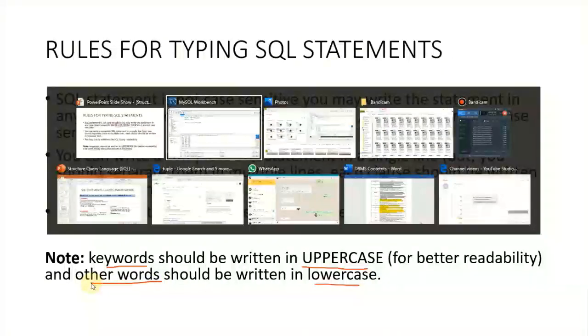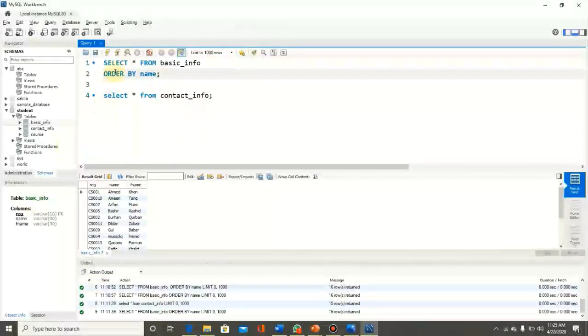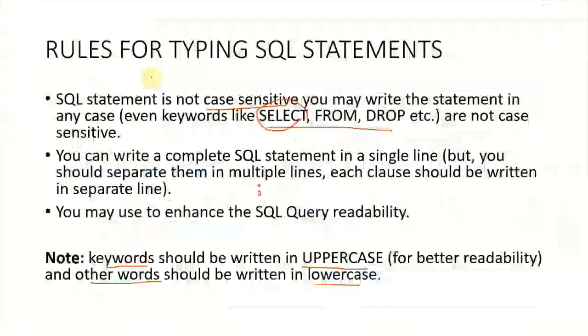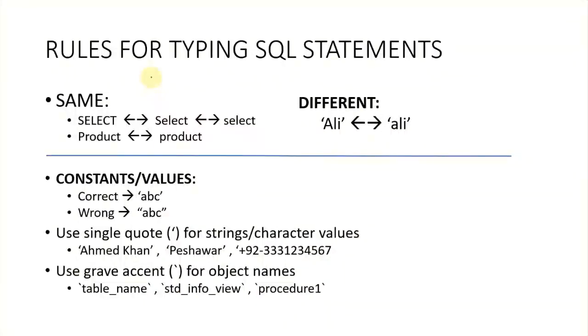Like we did in our statement, we used uppercase for select, from, and order by, and lowercase for the table name and attribute name. We have already practiced this. All these cases will give us the same results.